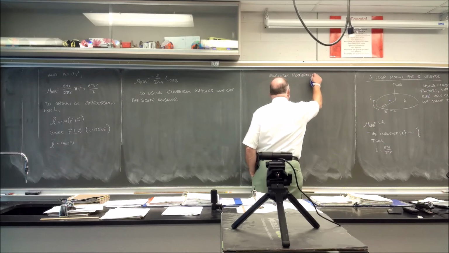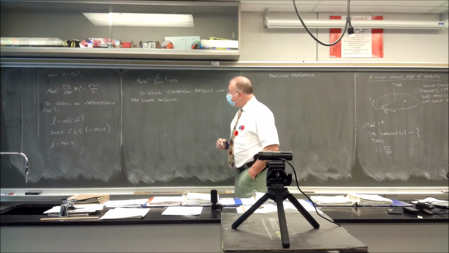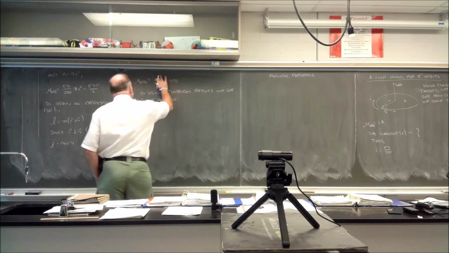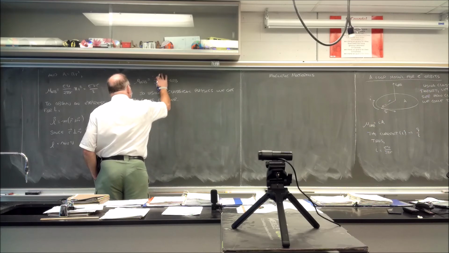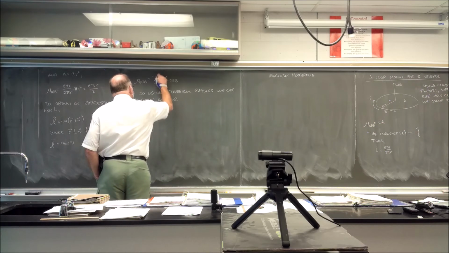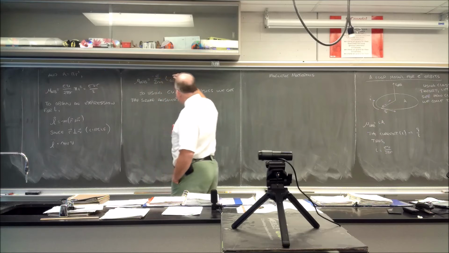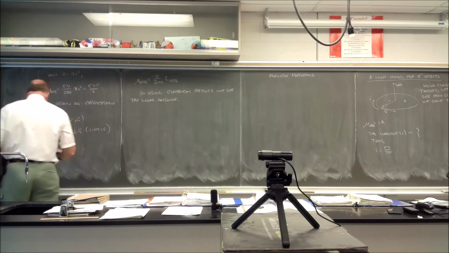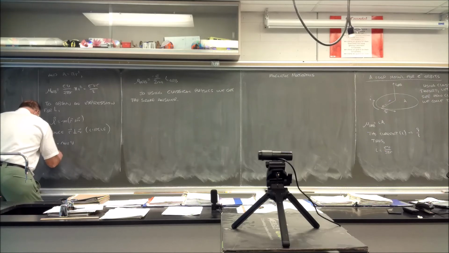Question. Yes, please. Is the L on the top like a script L? This is an E, this is the fundamental charge. Oh, okay, I see. So this is just the general case, okay? So now we're going to do L orb.